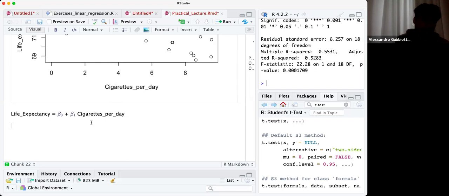So we simply take a multivariate model and we add a variable here. So we want to predict the life expectancy using beta 0 and beta 1 times cigarettes per day.